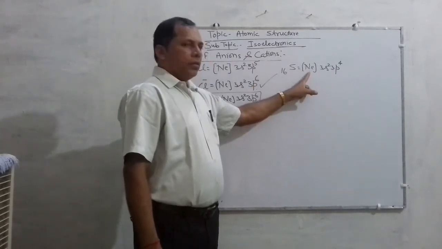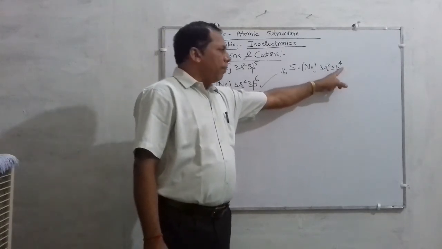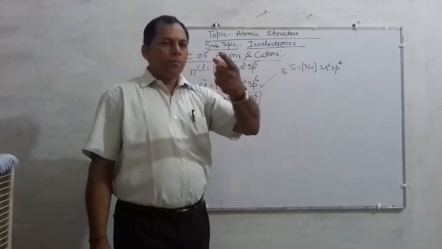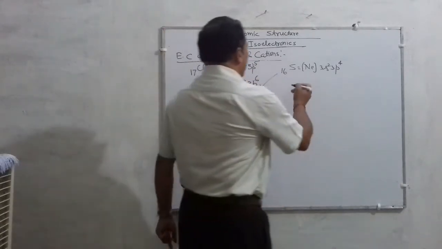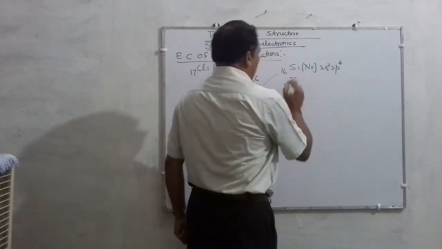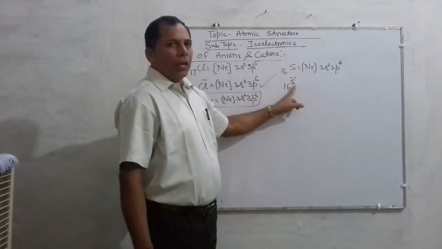Why sulfur? Because there are 10 electrons here, 10 plus 2 is 12, plus 4 is 16, and 16 is sulfur. Suppose it is gaining 2 electrons. Gained electrons are written in the form of charge, so that is now forming an anion.